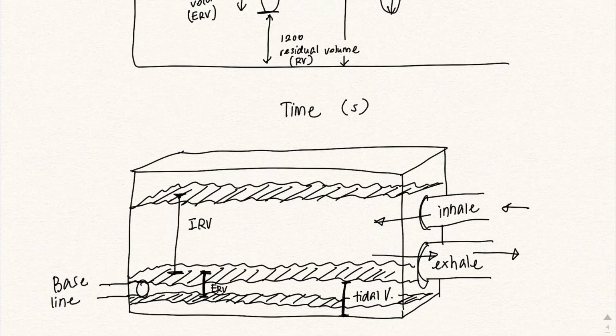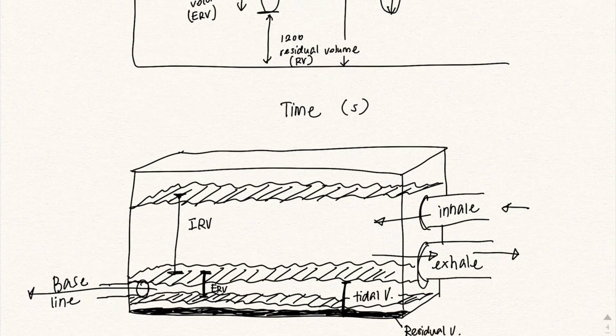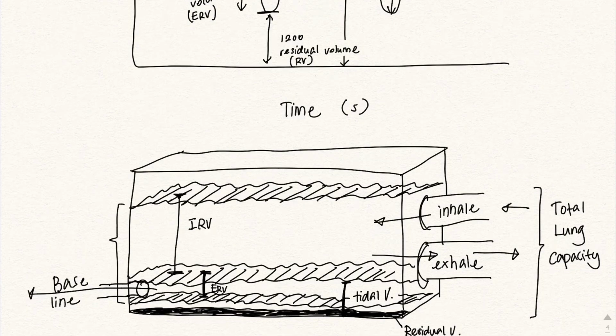And then the residual volume is like the little bit of water at the bottom that remains in the tank even after you try to empty the water out completely. So the total lung capacity can be seen as the total amount of water in the tank, and the vital capacity can be seen as the water flowing in and out of the tank.